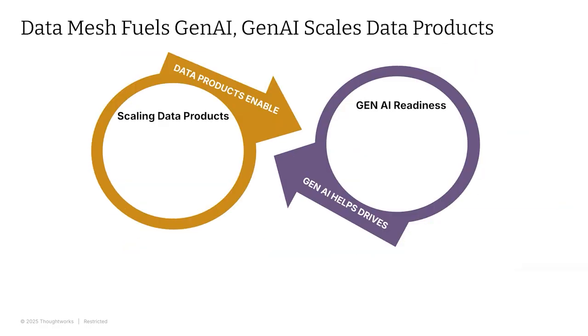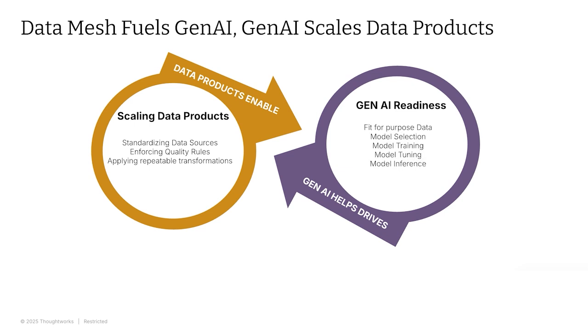In summary, what we are trying to say here is we looked at 2 case studies. One was from pharma. We were doing drug discovery. The other was a manufacturing problem trying to optimize cost. But there was somewhat this innate synergy between GenAI as well as data products. While GenAI helped us standardize the column names, enforce quality rules, automate repeatable transformations, data products provided fit-for-purpose data that helped in model selection.